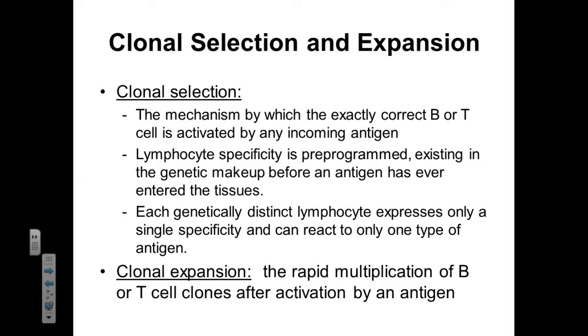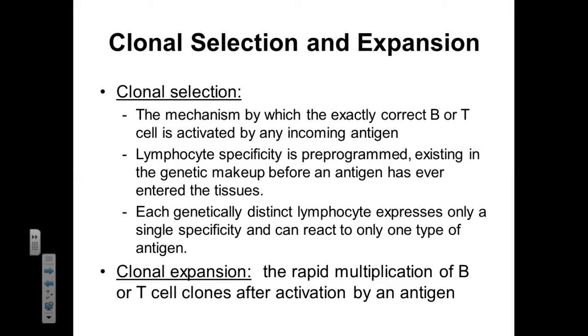Our lymphocyte specificity is going to be all pre-programmed. So once our lymphocytes are made, they are going to be able to respond to a specific antigen and only that specific antigen. This response is pre-programmed into the cell before the antigen is present. If the cell is never exposed to the antigen, it is never going to be activated. Generally speaking, each distinct lymphocyte expresses only a single specificity and can react only to that one specific antigen.